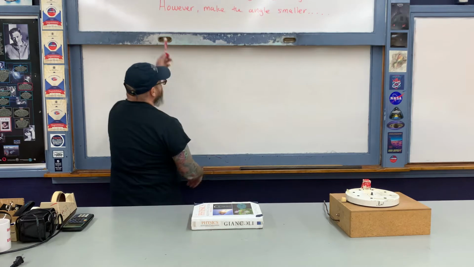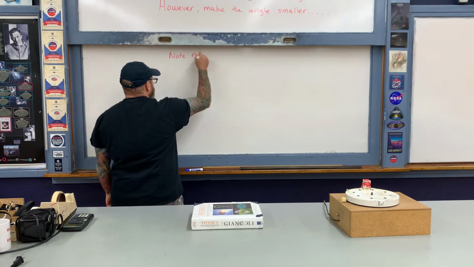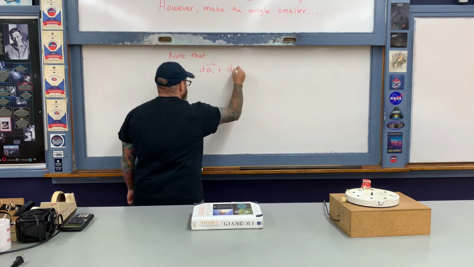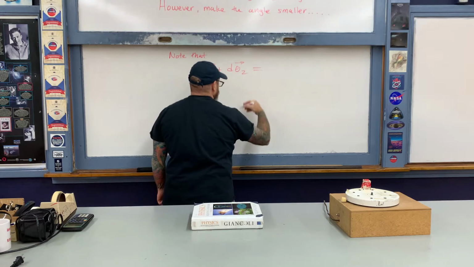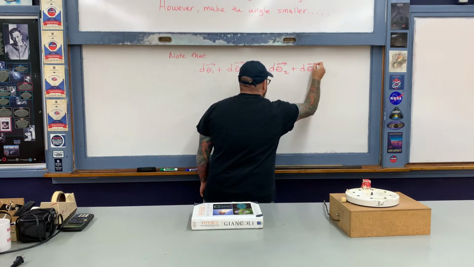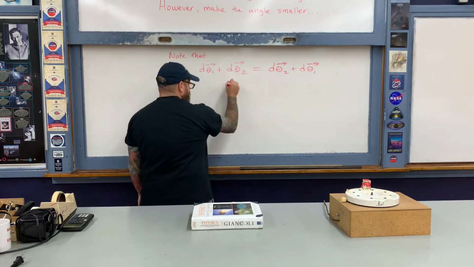So when we make the angle smaller, note that d theta 1 plus d theta 2 is equal to d theta 2 plus d theta 1. The commutative property of vector addition is obeyed.